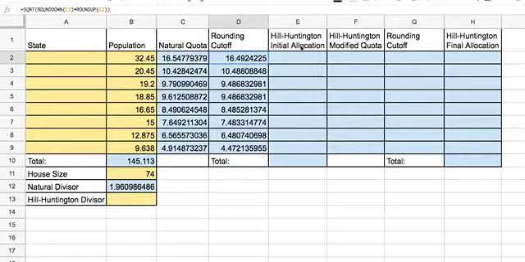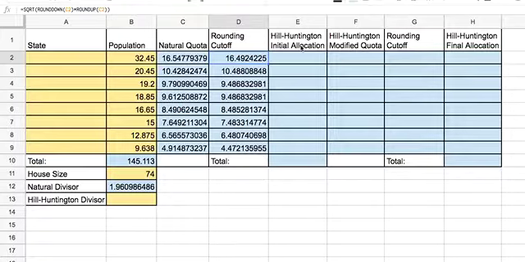We're going to get 17. The next state, natural quota is 10.42. Rounding cutoff is 10.48. How many seats are they going to receive? They're going to get 10.